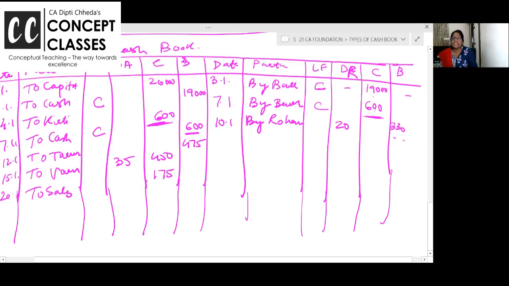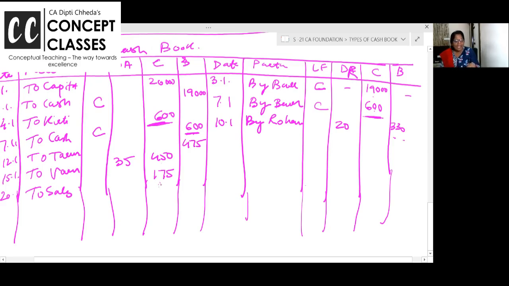Cash and check received is 175. Out of this, 100 is check. Here also 450 is check. So when I deposit this, I have to credit it. Got it? Right. Now, please read it again and again and repeat.